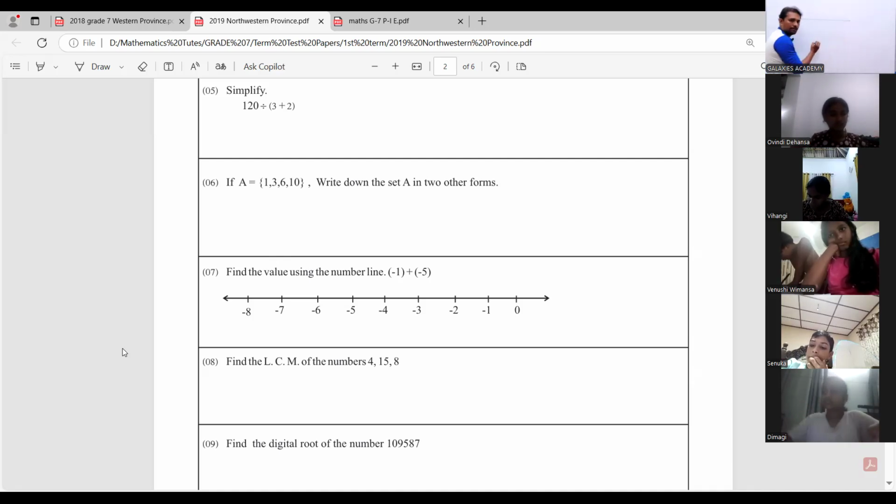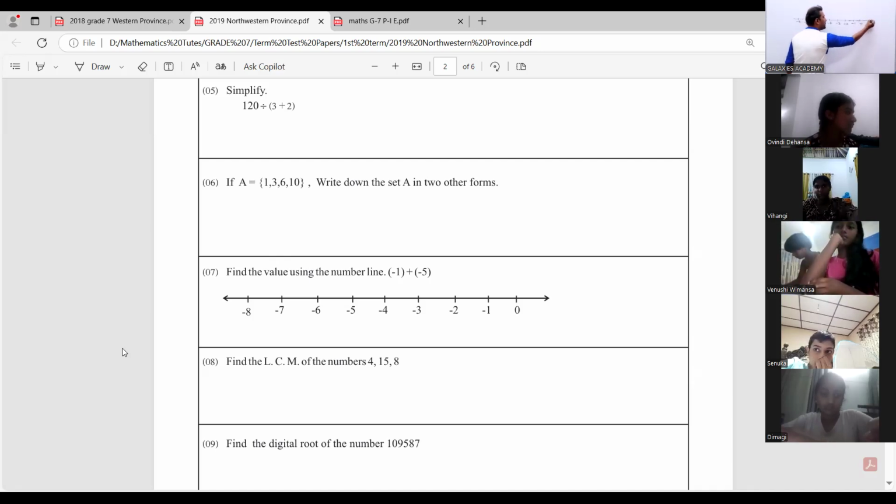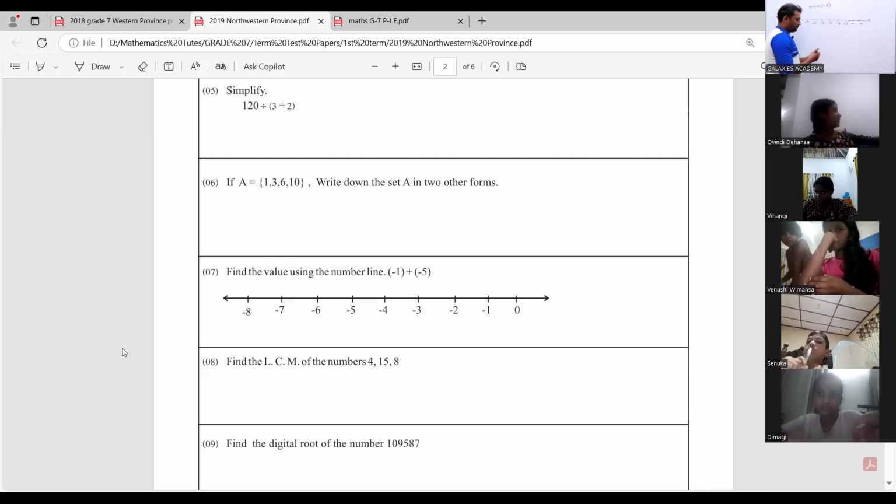The number line is given: -8, -7, -6, -5, -4, -3, -2, -1, 0, negative direction values given. Then the question is -1 add -5.